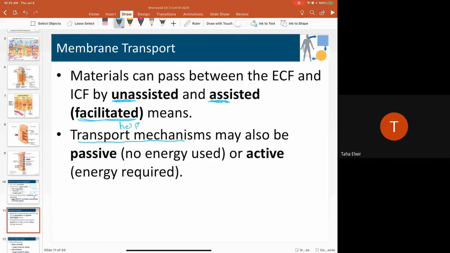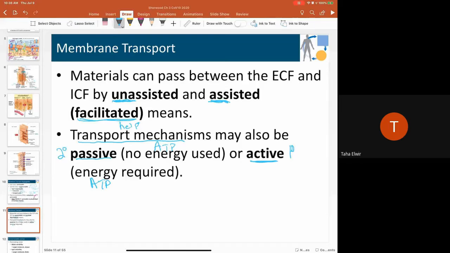Transport mechanisms, as I mentioned earlier, if they're passive, then no energy, no ATP is used by that protein itself. But if it's active transport, then ATP is required. So we're going to talk about active transport. So we have primary active transport. And if it's passive transport where no ATP is used, then this is secondary active transport.